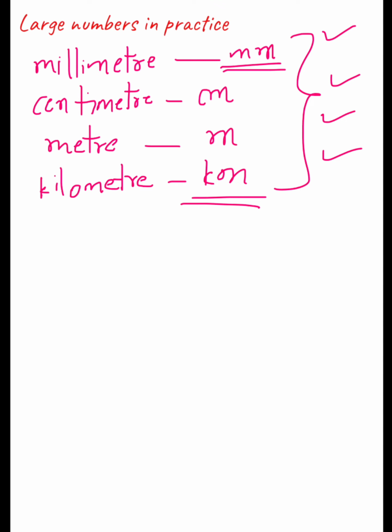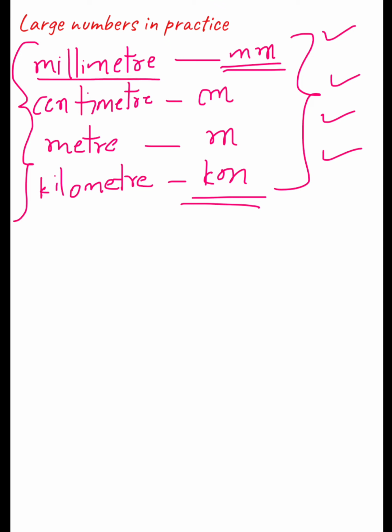Now you need to see the relation between all these: millimeter, centimeter, meter, kilometer. That means how many millimeters will make 1 centimeter, how many centimeters will make 1 meter. In that way, you have to see the relation between all these units. So the first one is what?